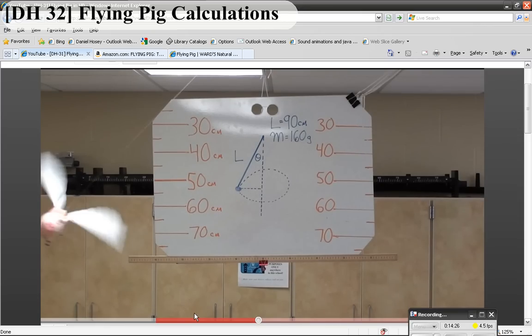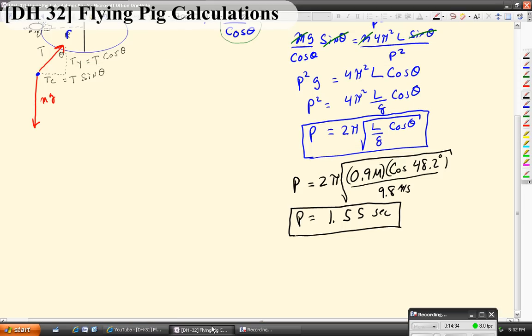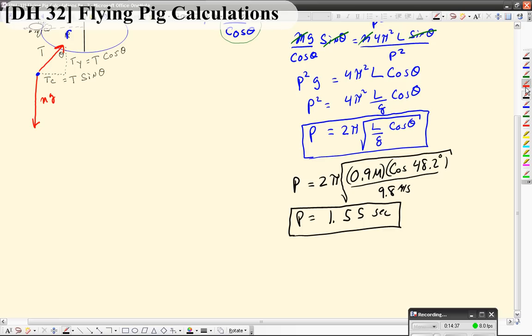The time I got when I did that was 16.3 seconds. You may get something slightly different, but I'm getting 16.3 seconds. So when we do this experimentally, I got 10 revolutions, and it took me 16.3 seconds.